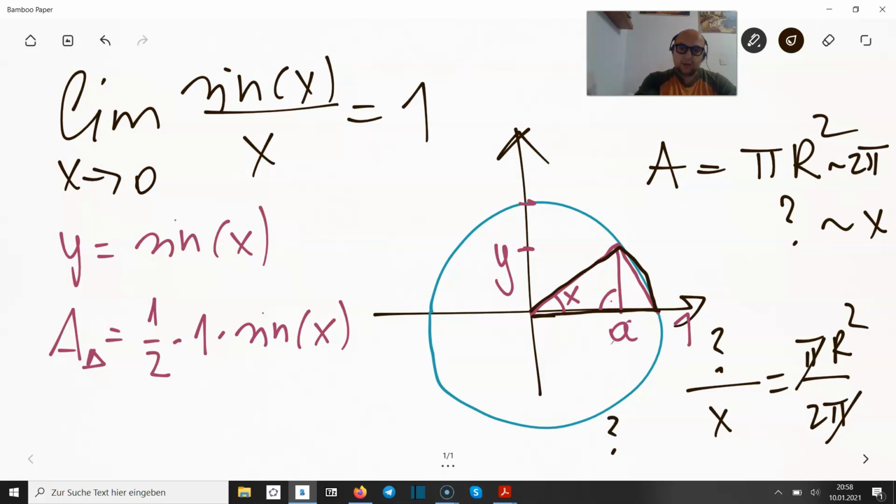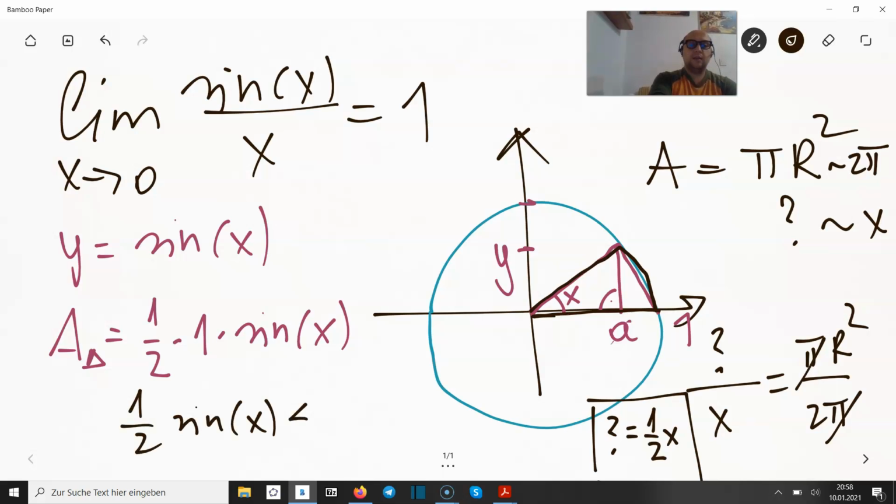That means the area of the segment is just a half times x times 1, which is the radius of a circle. And this is slightly bigger than what we have. So we have a half of sine of x is less than or equal to a half of x, as you can see.